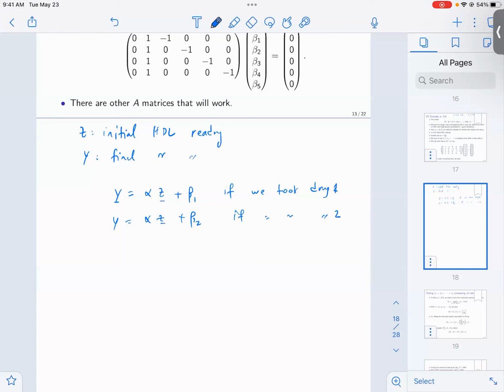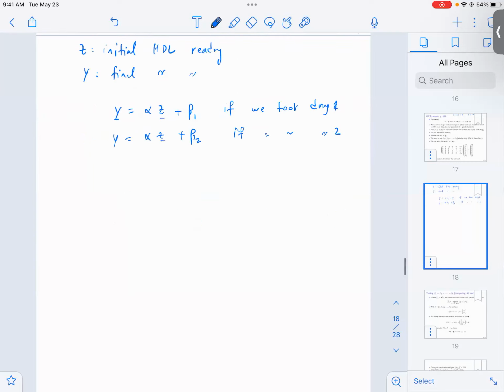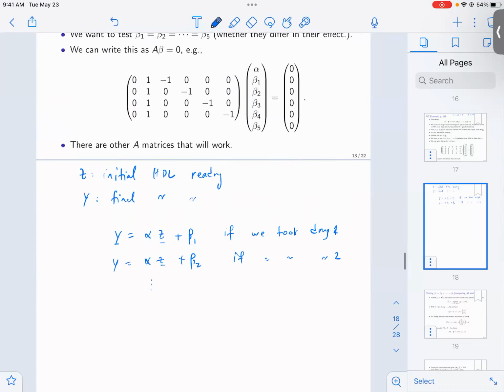That's a very simple model, right? So the intercept would be determined by the drug.